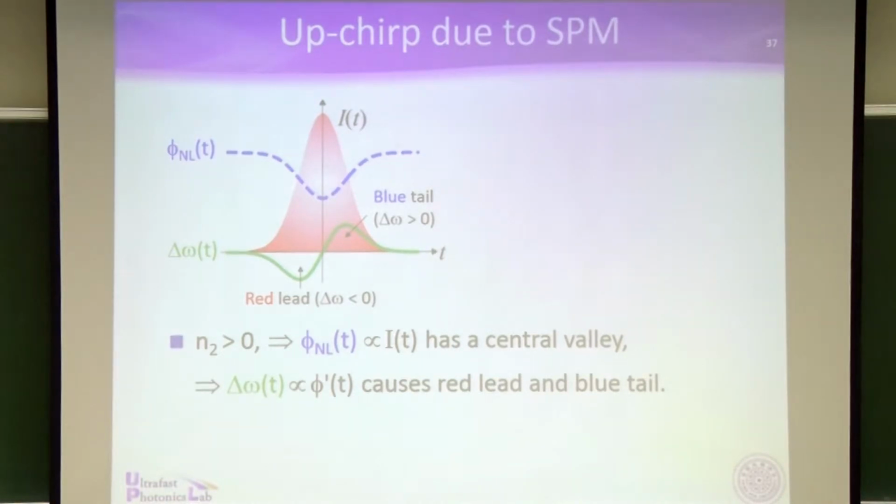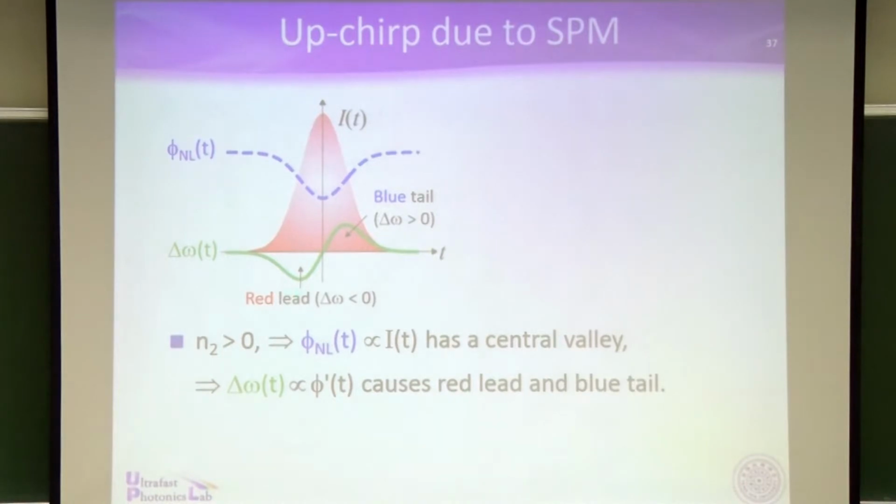And you can say the post leading edge, which is roughly here, has a negative frequency shift, or it corresponds to red color. Okay, red means lower frequency. For your post trailing edge, your frequency shift delta omega is positive, that means the local frequency is higher. So you can roughly say your pulse tail is bluer. Okay, blue color means higher frequency.